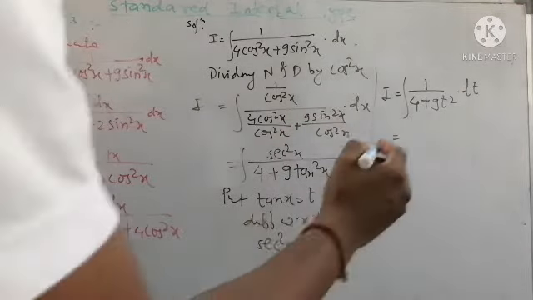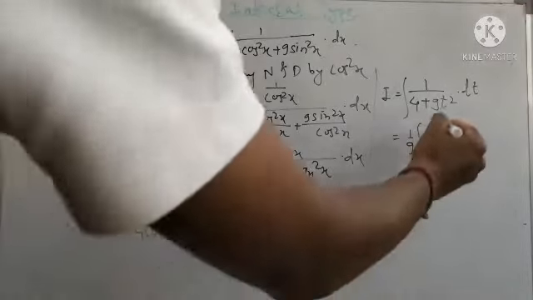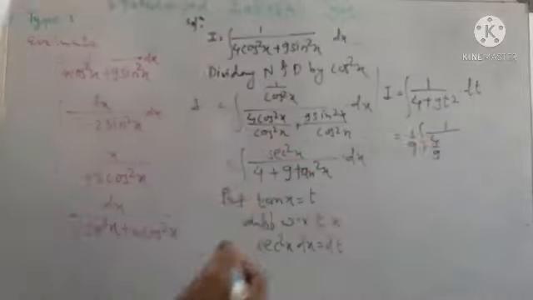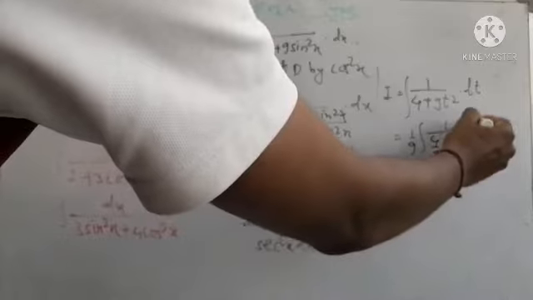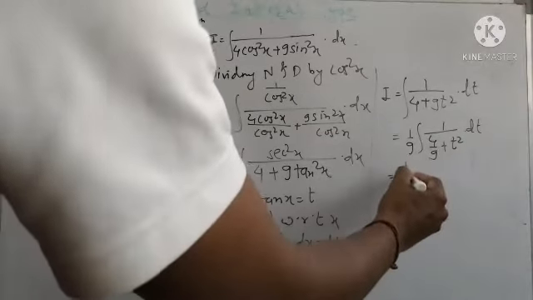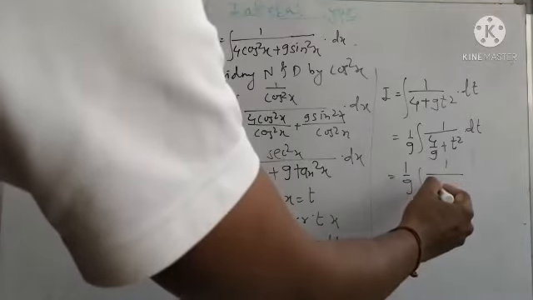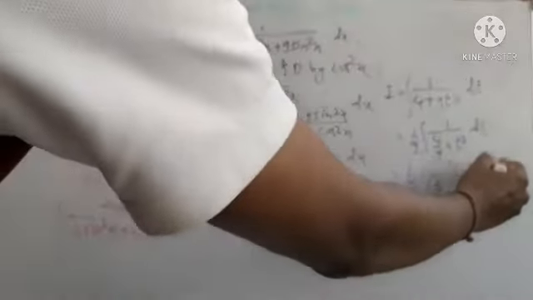As 9 is a constant, we take it outside the integration. So outside we get 1 by 9, and in the numerator 1, and in the denominator the first term is 4 by 9 and the second term is t square, dt. Now make the constant in the denominator a square, so 4 by 9 is the square of 2 by 3, plus t square, dt.